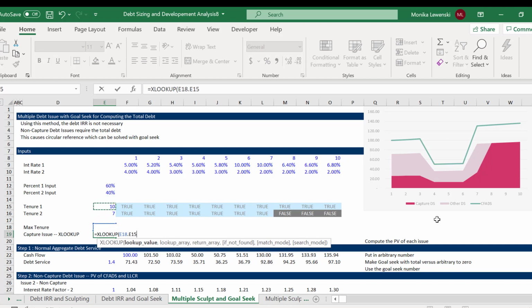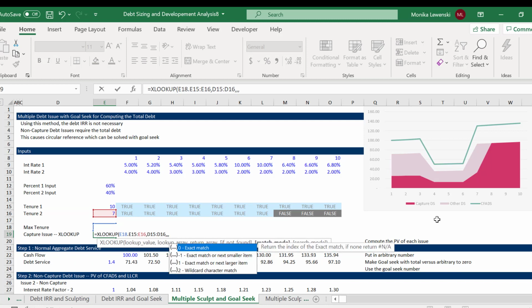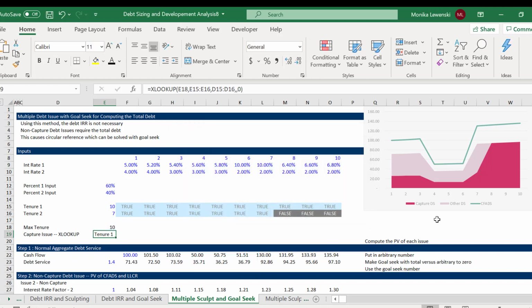And then we can just select this one, oops, and then select these ones. Can I do that? And then you can put a comma, and you can put a match mode and get an exact match. I think I did something wrong.